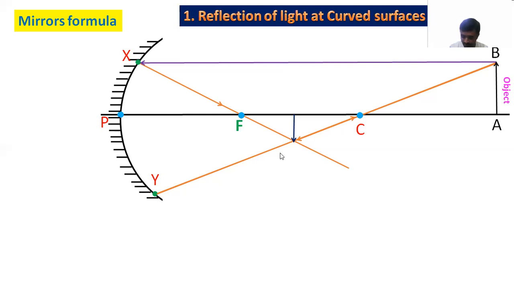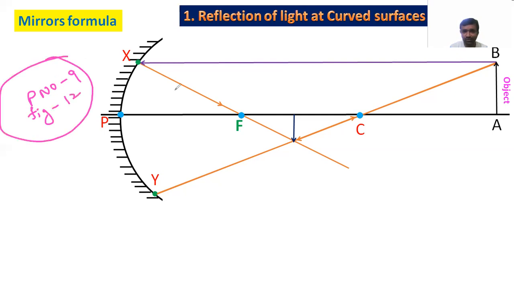You have this diagram on page number 9, figure number 12 of the textbook. Check the characteristics. Taking any combination of rays, you will get the same characteristics.